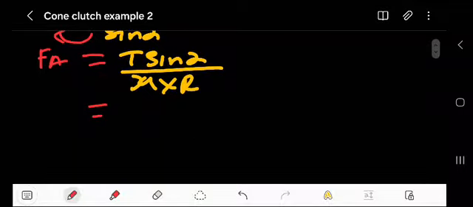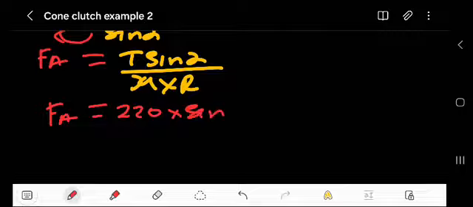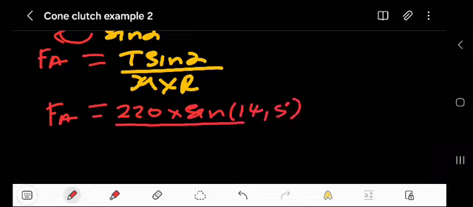So torque is 220, isn't it? Right. Yes, I saw that it was 220 multiplied by sine. I remember the angle here was 14,5. Hopefully you remember this. Coefficient of friction, I still remember it was 0,3.